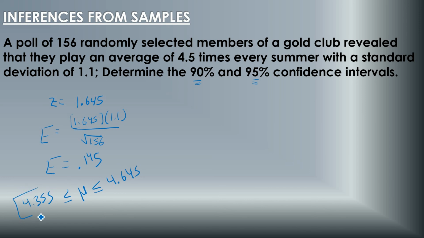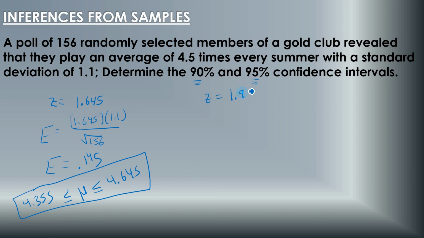So that's my 90% confidence interval. So notice when we do the 95% confidence interval that it is going to be like a larger spread right here. So that's what I was saying about a diminishing return. The larger this confidence level, well, you're spreading out your possibilities a little bit more.